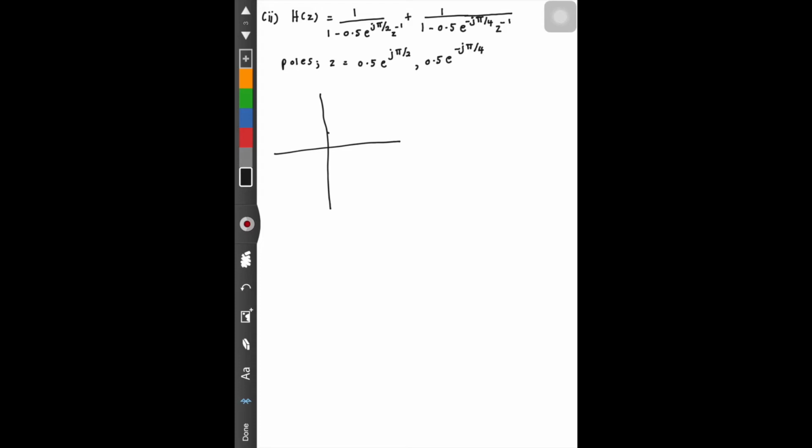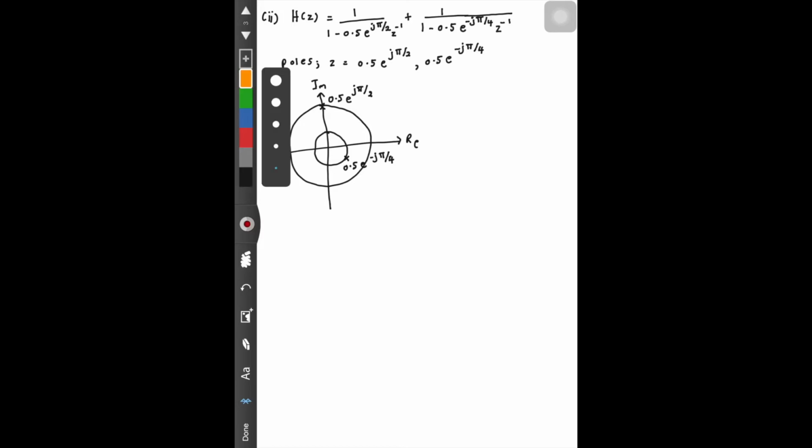For you to determine the ROC, you need to illustrate for your own understanding. So 0.4 is here, 0.5 exponent j pi over 2 is here, and this one is placed here, and this part is placed here.